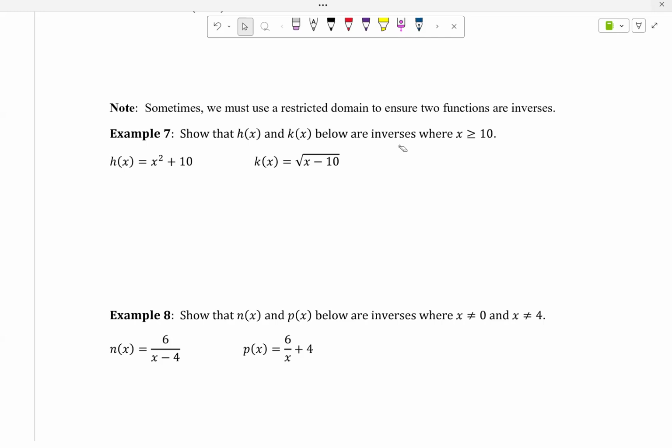Oh, wait, no. Yes, it is. Yes, it's X minus 10. It's like in 10. Square the square root. Don't you want to clarify? Yeah, but fine.